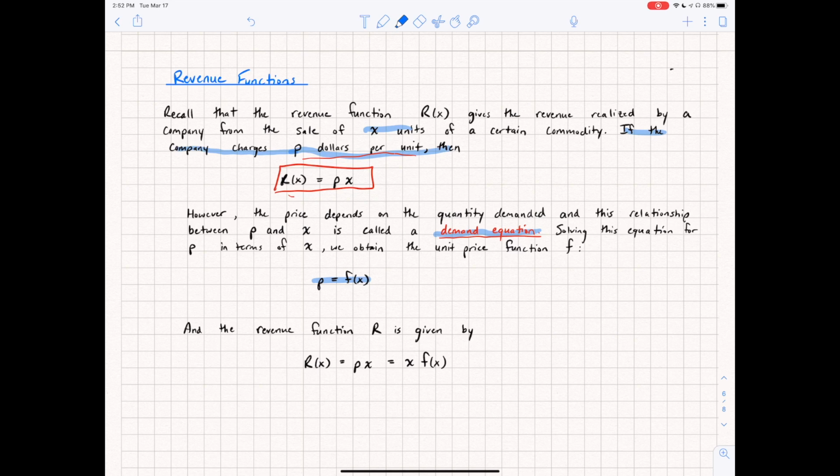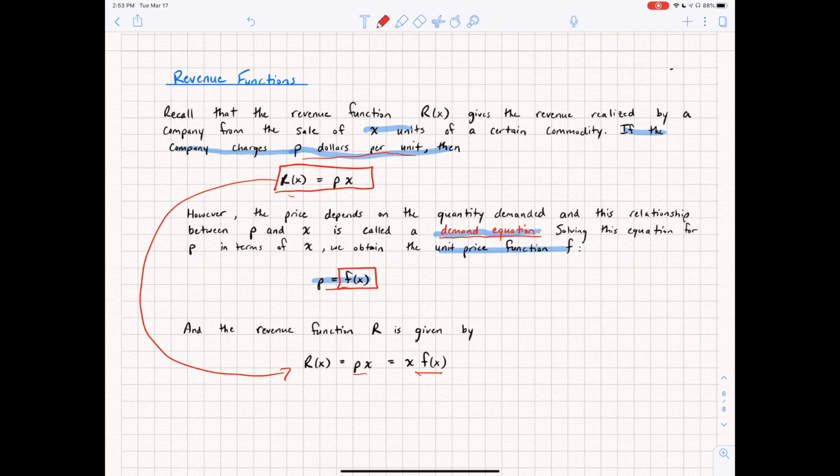And now we have what's known as a unit price function F. So P is equal to something in terms of X. Because P is equal to this function, if I look at my revenue formula, which is P times X, well, P is F of X, so therefore my revenue function can be given by X times F of X, X times whatever that model is for my unit price function.